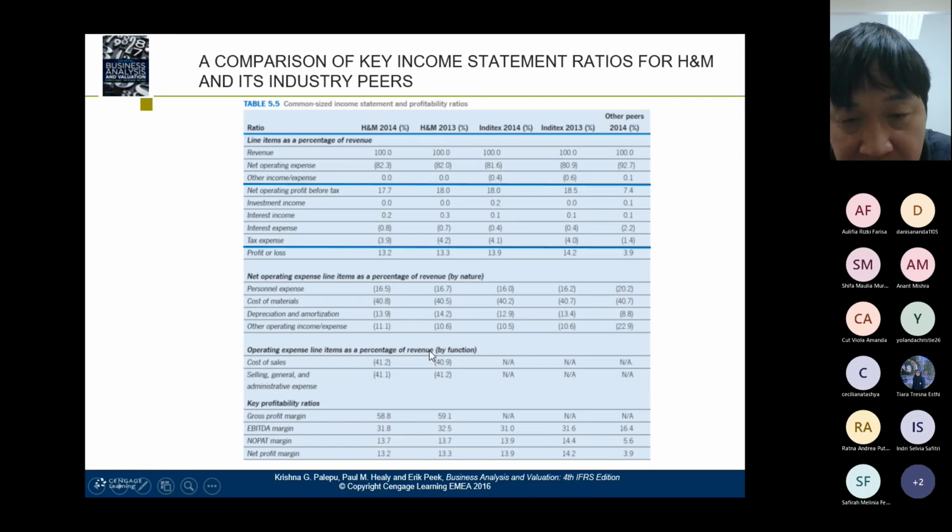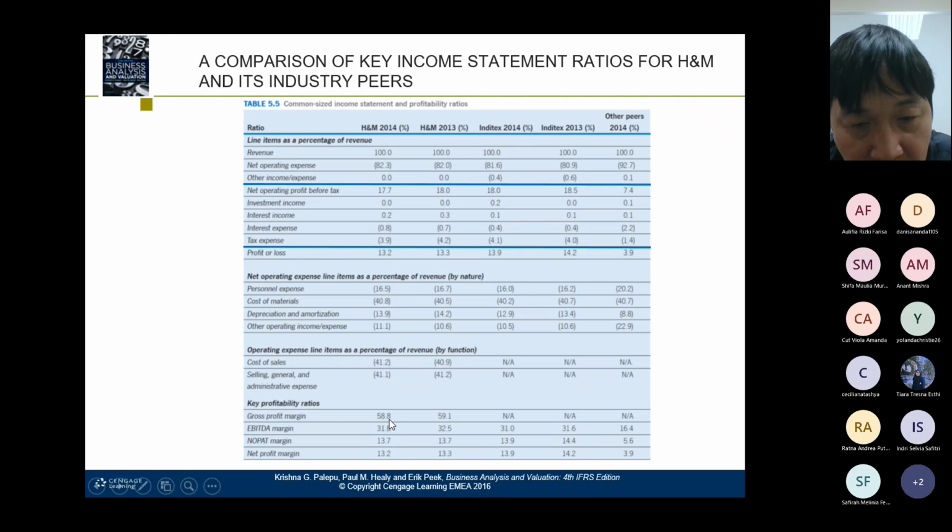If you adopt another accounting standard, that means you calculate your cost by function. So here the definition is different: you have the cost of sales, selling, general and administrative expenses. So you don't need to list the personnel expenses, cost of materials, depreciation and amortization, and other operating income and expenses. So, key profitability ratios.